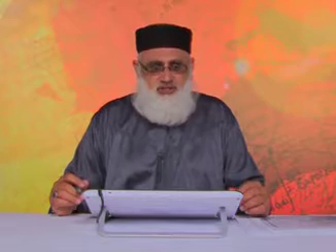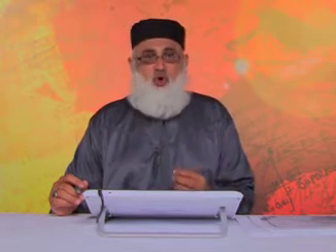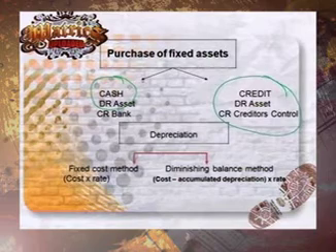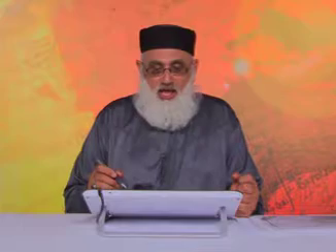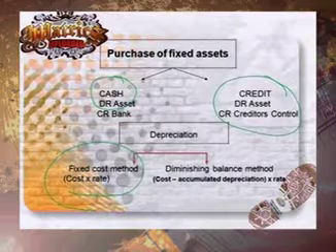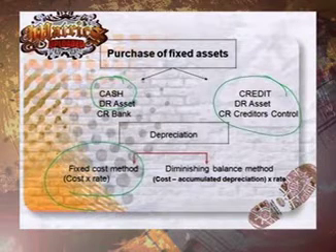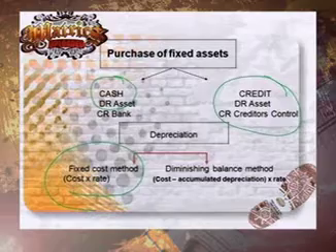Okay. Methods of depreciation. Remember, we have what is called the fixed installment method, which is the cost price times the rate. Or you could have the diminishing balance method, which is the cost price minus the accumulated depreciation times the rate.